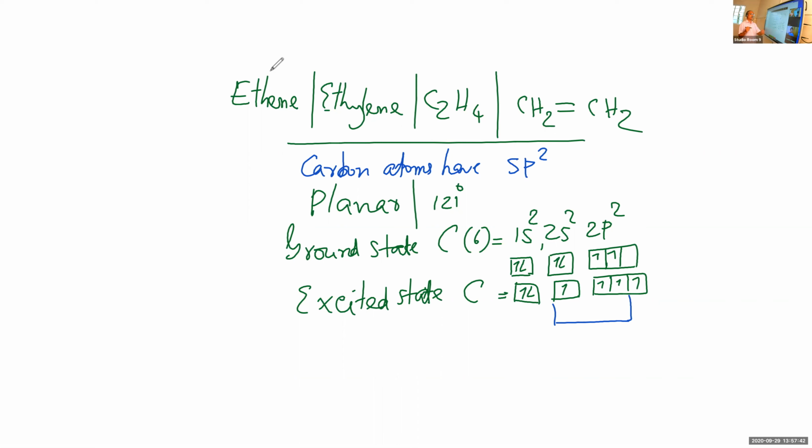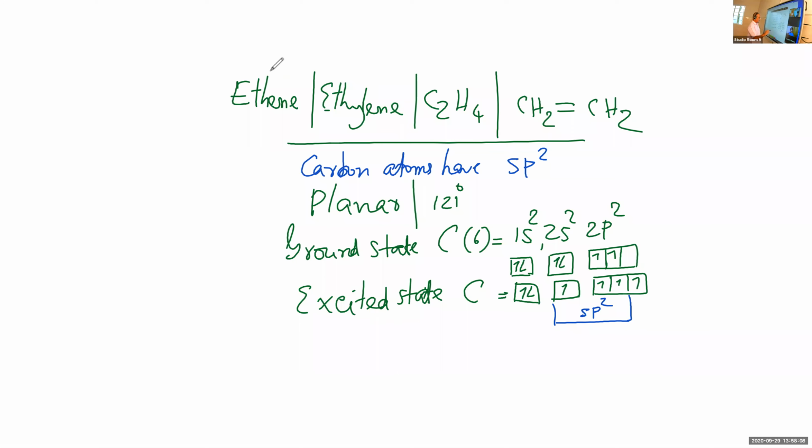There are 3 orbitals in the p level with 1 electron each, but only two orbitals of the p level are used for hybridization. So one s orbital and two p orbitals, so there is sp2 hybridization, and three sp2 hybrid orbitals are formed.